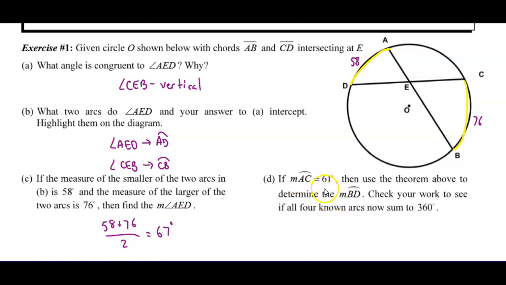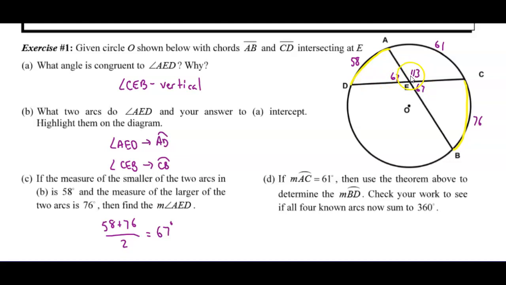All right, and finally part D here: if AC is 61, so that's up here, use the theorem above to determine the measure of arc BD and check your work. So the measure of angle AEC is going to have to be half of the sum of arc AC and arc BD, right? But we also know, based off of linear pairs, that if these angles are both 67 on the inside here, then this would have to be 113 degrees.